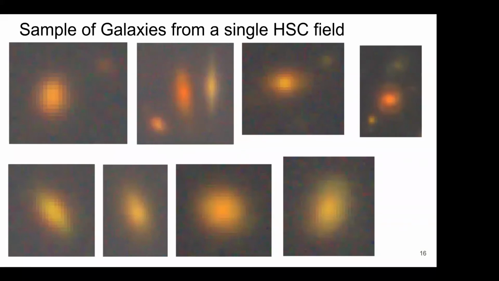As we increase the signal to noise, we see that this still continues for the most part. We do start to see a little bit of structure appearing in some of these galaxies.